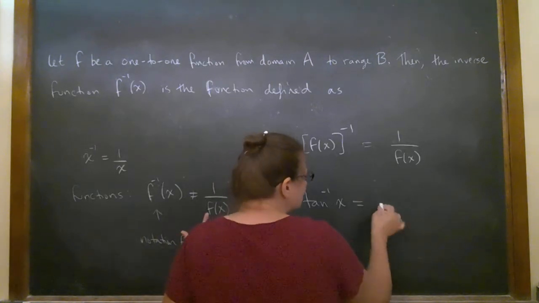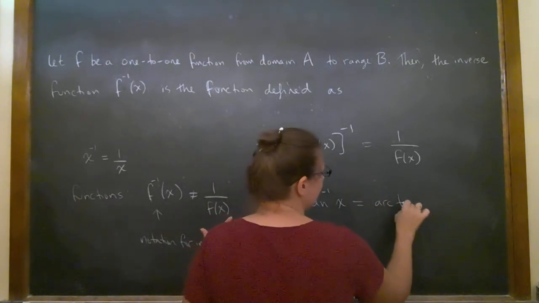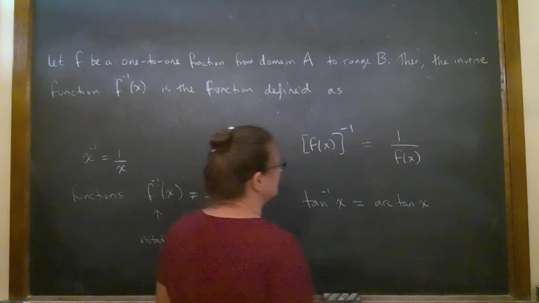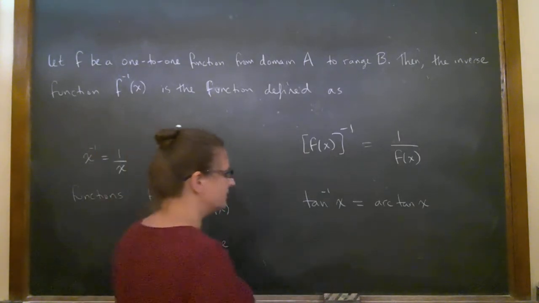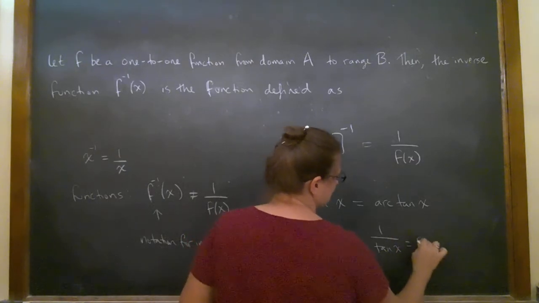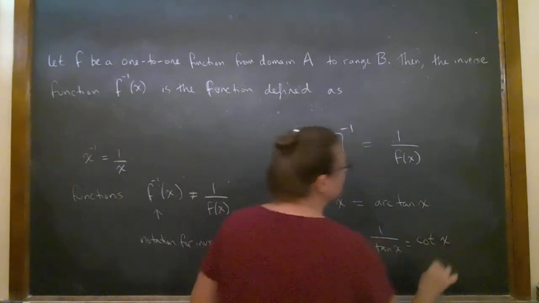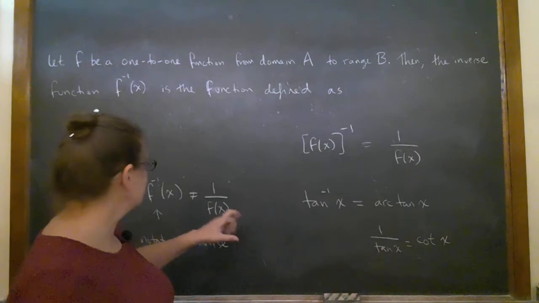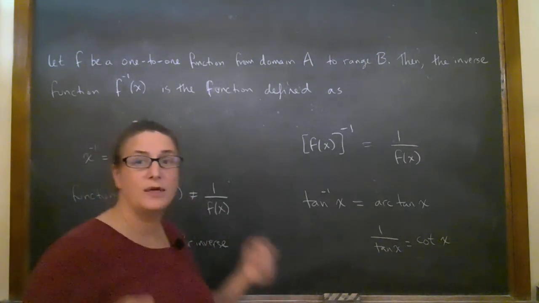Inverse tan, as you remember, is like the arc tan. It's the arc whose tangent is x. It's not 1 over tan. 1 over tan is cotangent. So just don't make this mistake. If you see that minus 1, they mean inverse.